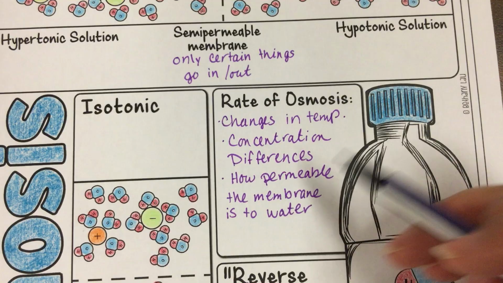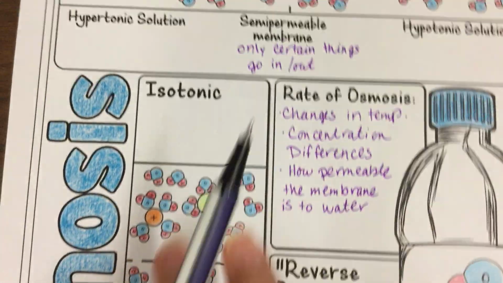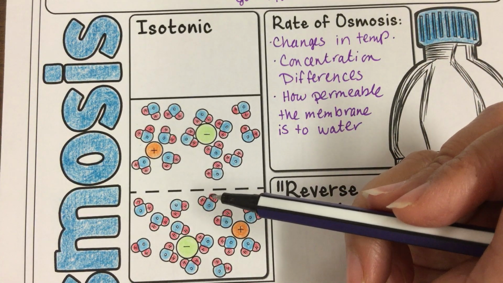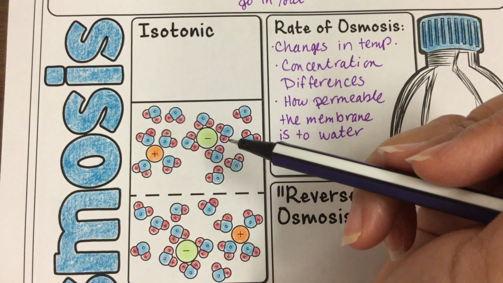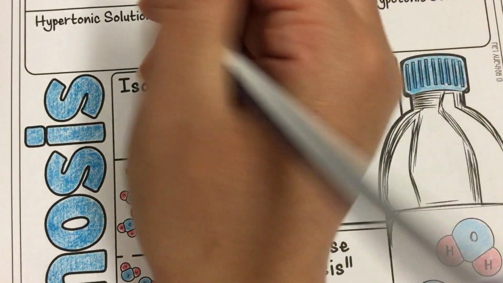So remember, our end goal is to reach equilibrium. So we want an isotonic solution. Isotonic means that we're in equilibrium. This is where we have a set of solutions that have the same concentration of solute molecules.